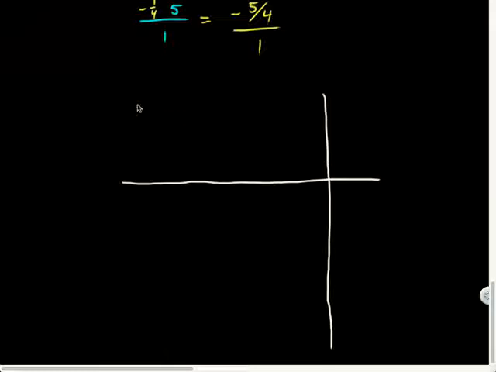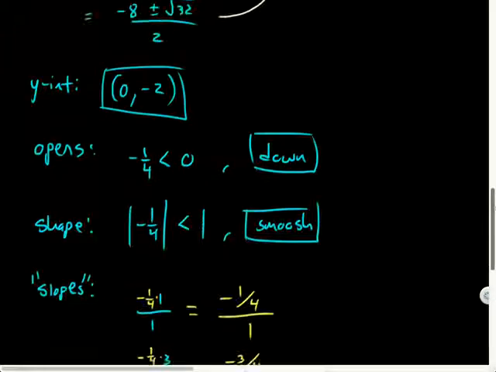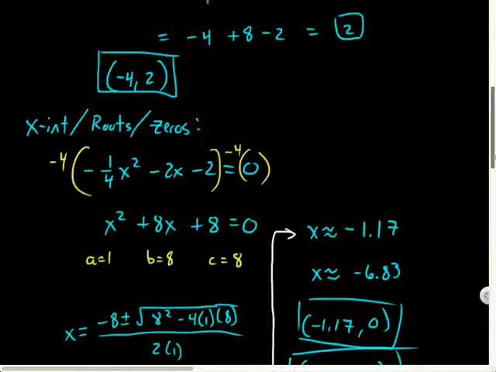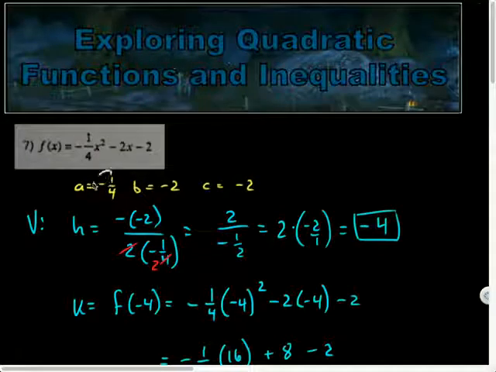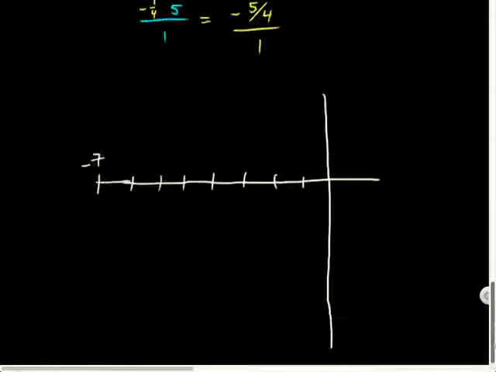Looks like it's mostly going to be in the second and third quadrants. So my x-axis I can just count by ones. I have to go out, I guess, to negative 7. And my y-axis, let's see, I start at 2. But because a is measured in quarters, I'm going to have my scale, my tick marks, measure in quarters, okay?